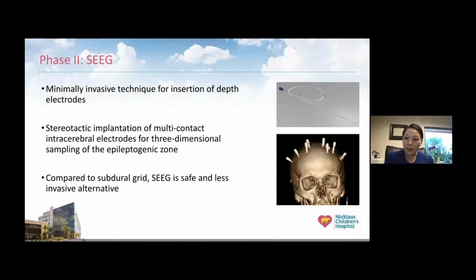And it's a much less invasive, minimally invasive procedure for the insertion of depth electrodes into the brain, and basically it consists of stereotactic implantation of multi-contact intracerebral electrodes for 3-dimensional sampling of the seizure onset zone. And compared to subdural grids, SEEG is safe, less invasive, and has decreased risk, of course, of infection, CSF leak, etc.